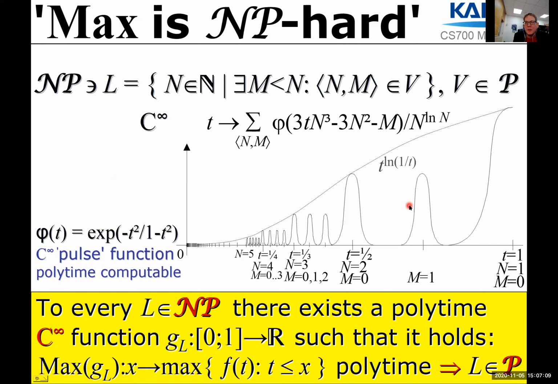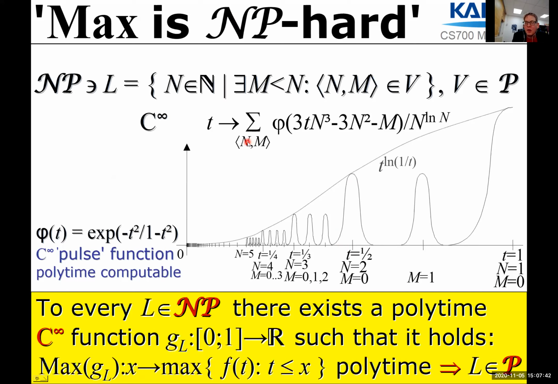Now for the fourth step, we're going to apply the same trick as previously. We're going to remove some of these pulses. Namely, we're going to keep only those pulses corresponding to pairs, right? So now every pulse corresponds to a pair, n comma m. N says which major pulse, or major interval, we're looking at, and m says which sub pulse in this major interval we're looking at.